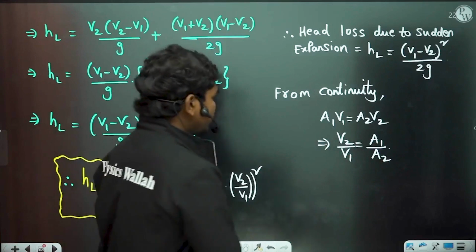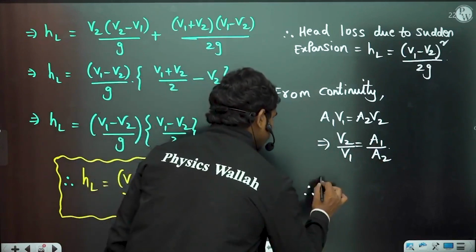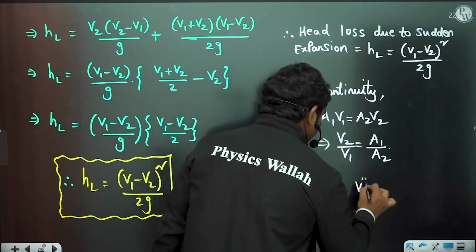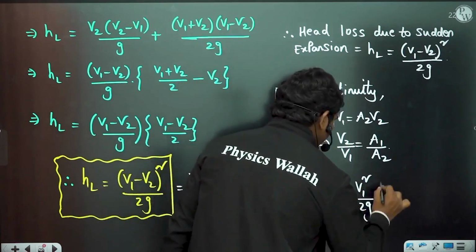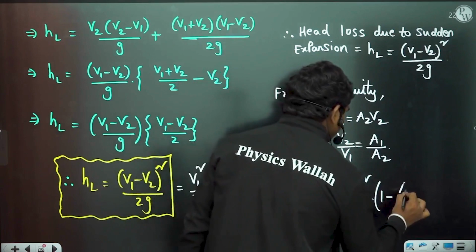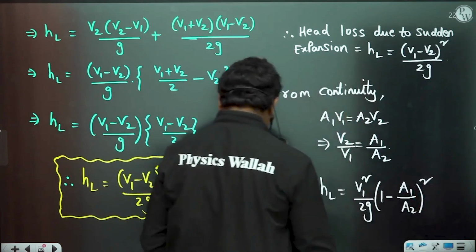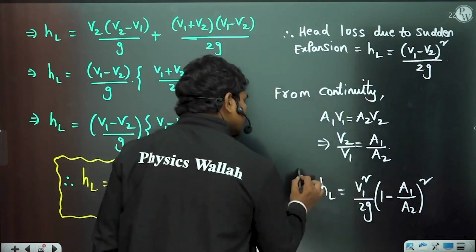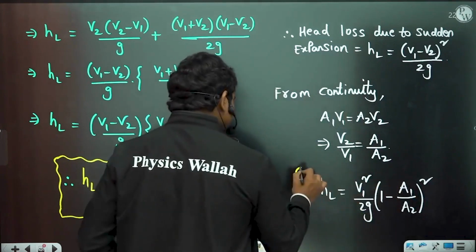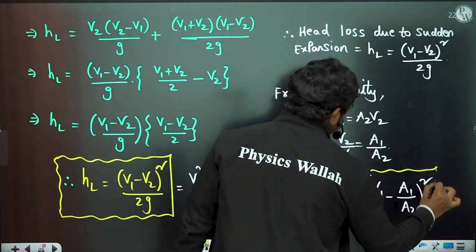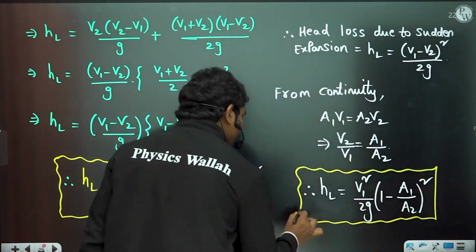Clear? Therefore the head loss due to sudden expansion is equal to V1 square by 2g times (1 minus A1 by A2) whole square. So you can write any of these two formulas. If areas are given, you can write this, or else you can find the velocities and write the other expression. Anything is the same.